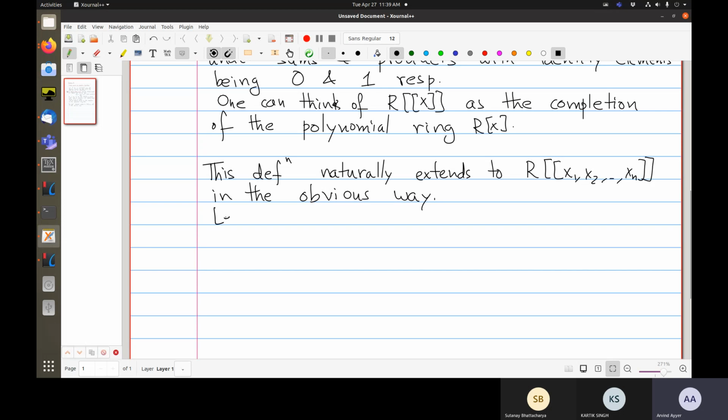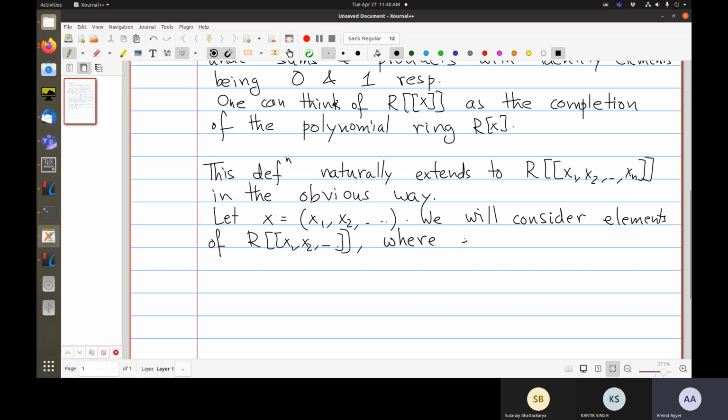So let x now be the infinite tuple x1, x2, etc. So we will consider elements of R double box x1, x2, etc., where each summand is a finite product.